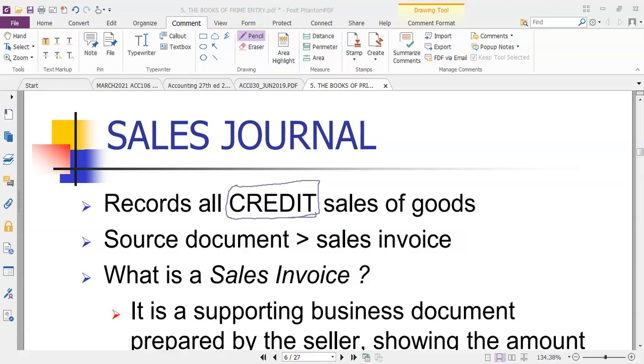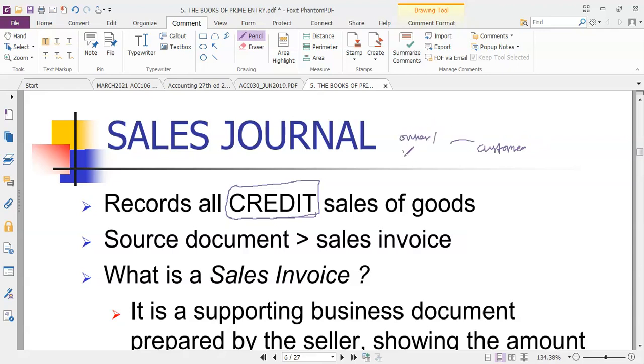It means that we owed, right? The customer owed us. Loan. Something like that. Yes, that is correct. The sales journal records all credit sales of goods. It means that the customer owed to us or made a loan to us. Us is the business itself or the owner.